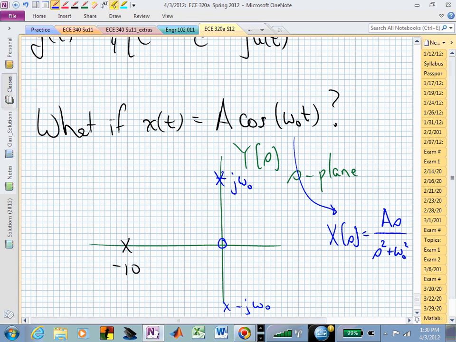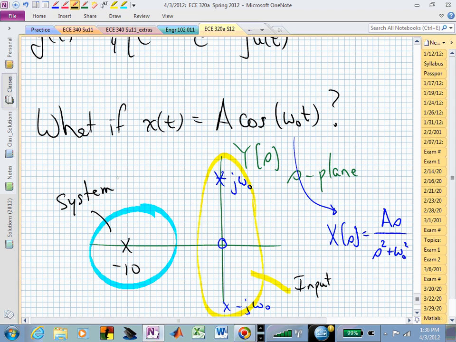This piece is due to the input, and this piece is due to the system, but the combination of those two give us our output signal.